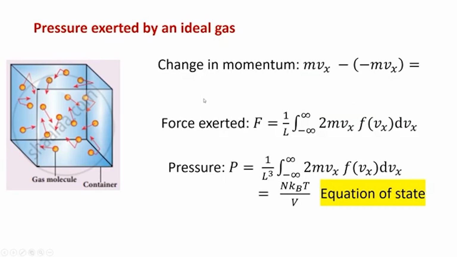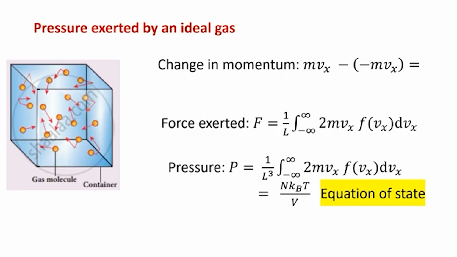Alright. So, let us try to calculate the pressure exerted by an ideal gas, and this will give us the equation of state that we are quite familiar with. And how do we calculate the pressure? All these gas molecules that you see in the container are moving randomly in all directions.